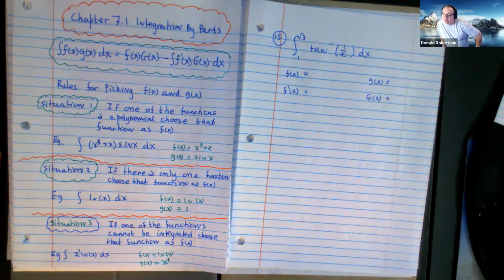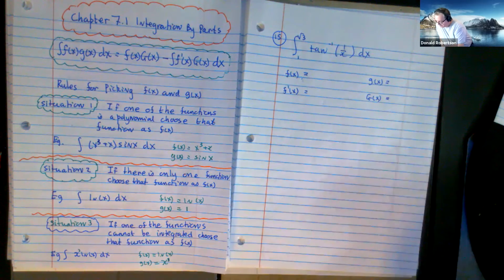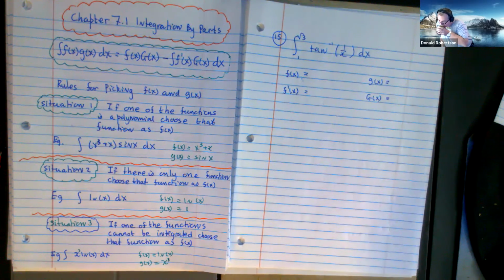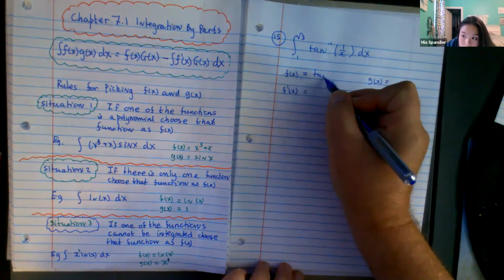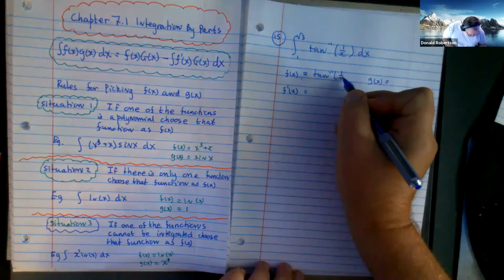So be prepared for some weird stuff. Okay, we need to begin with picking our f and our g. I think that's pretty straightforward. Who is f of x going to be? Inverse tan 1 over x. Doesn't that qualify as situation 2?